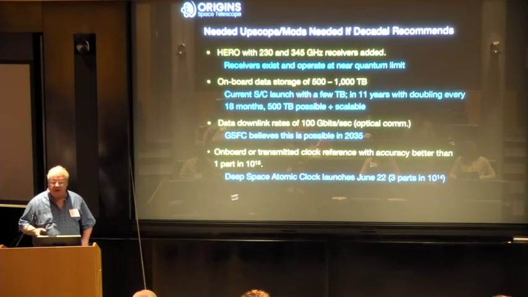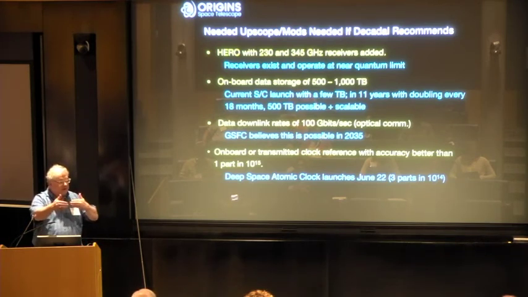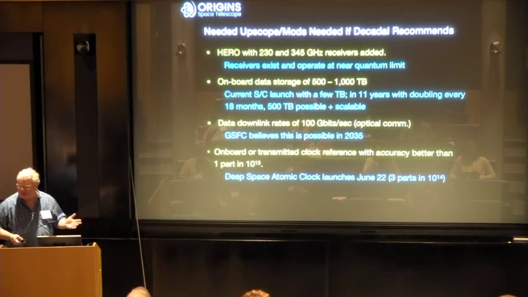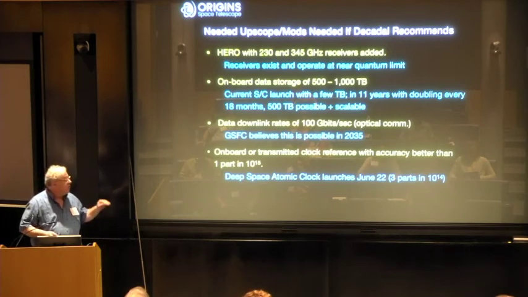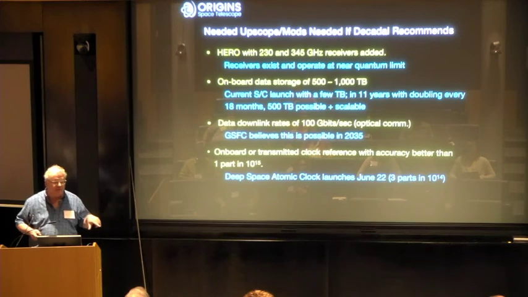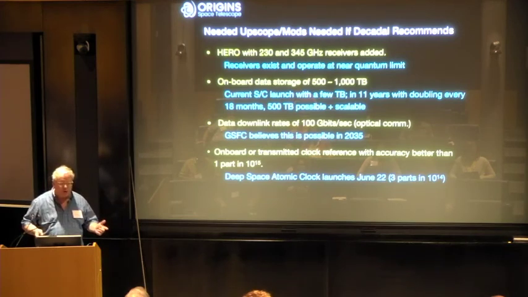But I would remind folks that on June 22nd, NASA will launch something called the Deep Space Atomic Clock, which is about 11 inches by 11 inches by 9 inches, roughly like a toaster oven, with an accuracy of 3 parts in 10 to the 14. So nobody I've spoken with yet regards 1 part in 10 to the 15 as something that would cause people heartburn in 16 years' time.